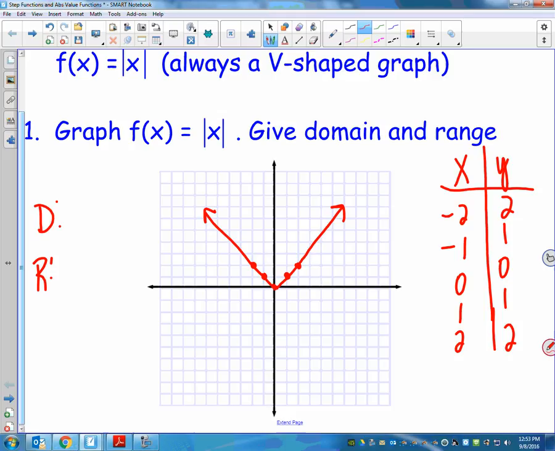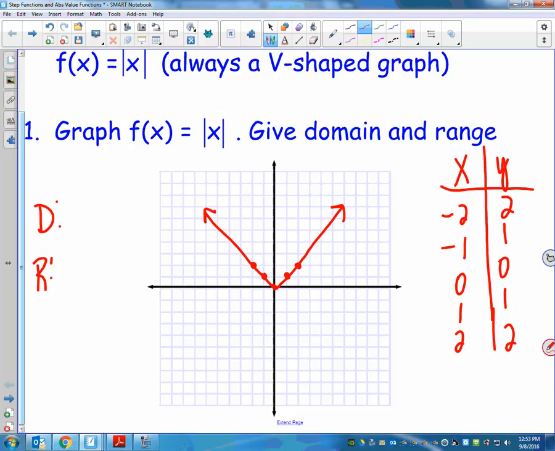So the other thing that we want to do is give the domain and range of all these functions. Remember that when we're talking about an equation, the domain and the range are not just going to be a list of numbers. Probably there's going to be at least an infinity or a negative infinity in everything there. So the domain is what can x be.